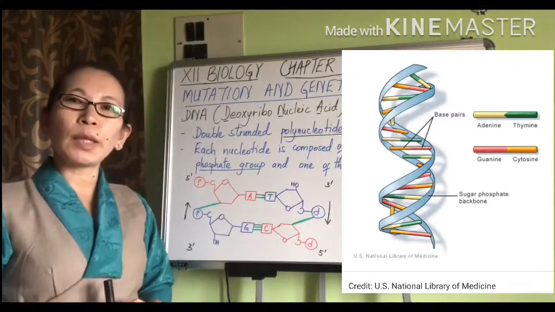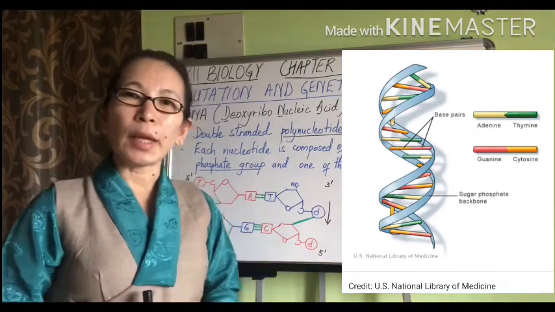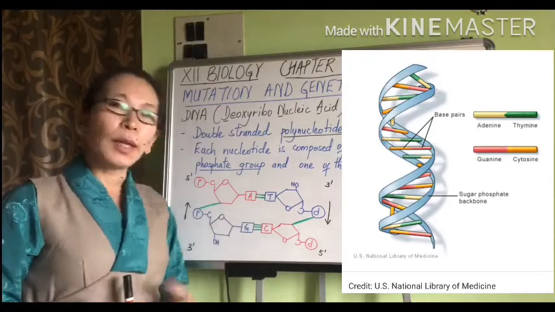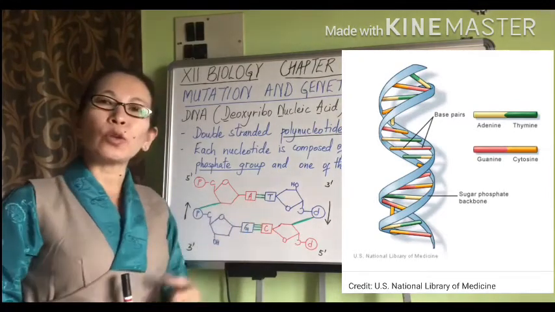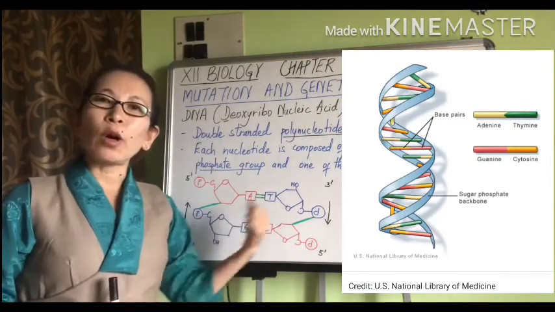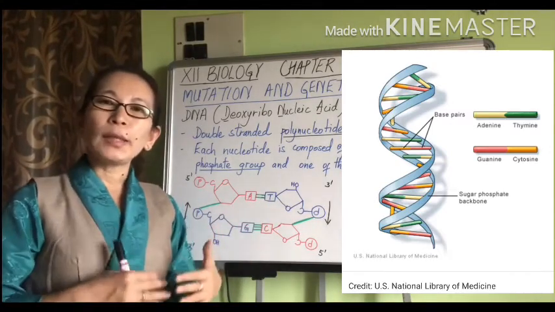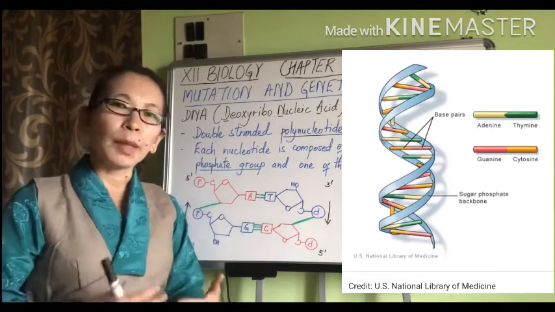We learned about the base pair rule in DNA, which states that if one of the strands of the DNA has adenine as its nucleotide, then the opposite strand should have thymine. So adenine always pairs with thymine.